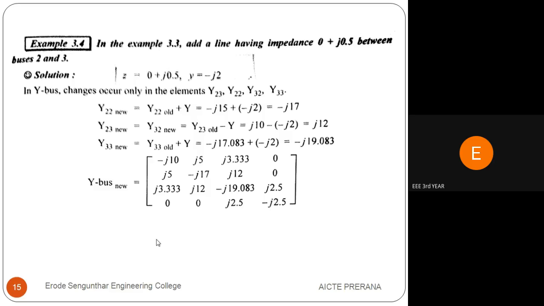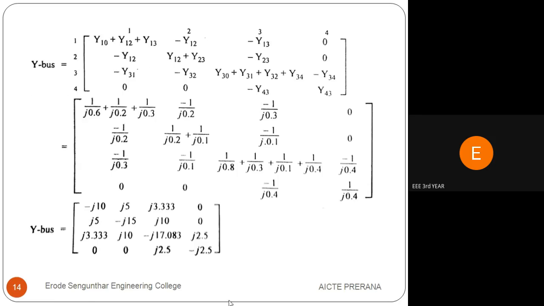So we will get the final answer as minus j19.08. Now just replace these values in the previous final answer matrix. That is, we have to replace Y22, Y23, Y32, and Y33. These four things only get changed. Okay.